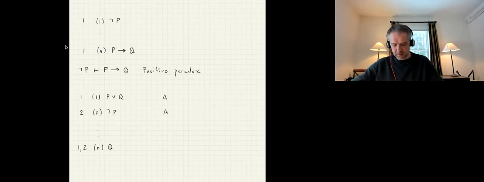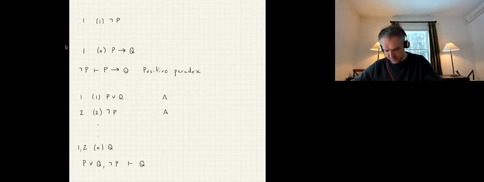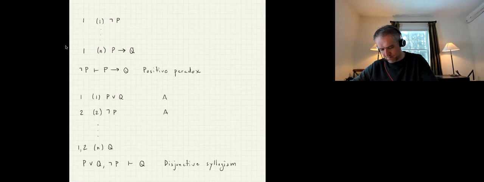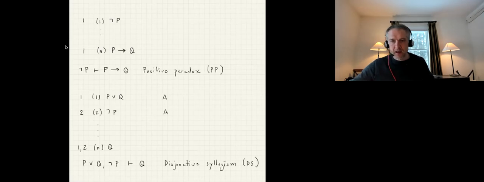And the sequent that this corresponds to, P or Q, and not P give you Q, can conveniently be called disjunctive syllogism. So positive paradox, PP, disjunctive syllogism, DS. And we had from the last page, hypothetical syllogism, HYP. So these all give us derived rules.